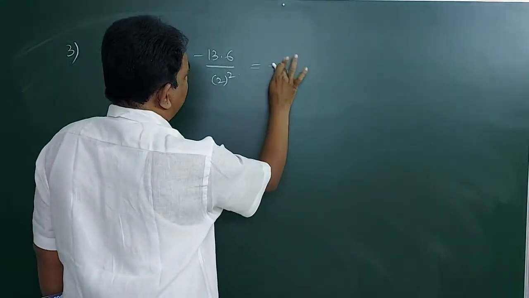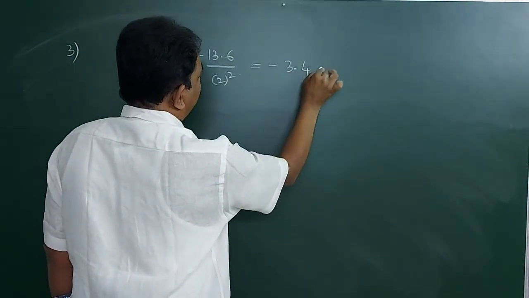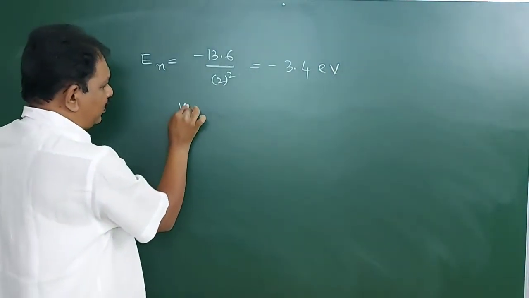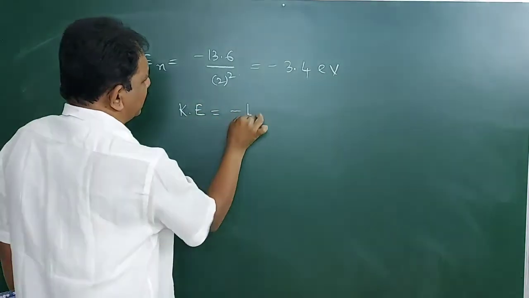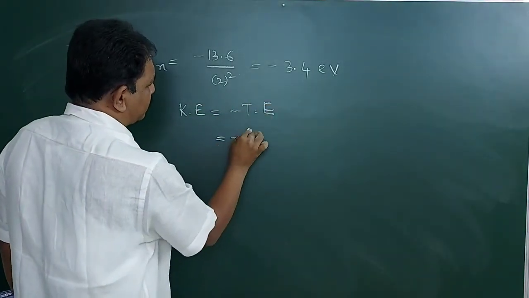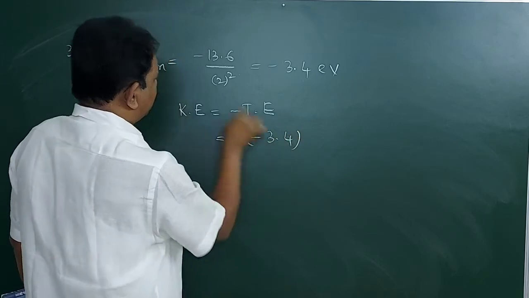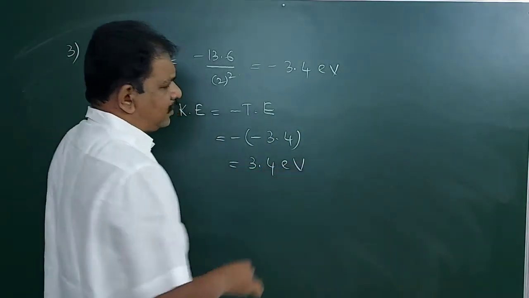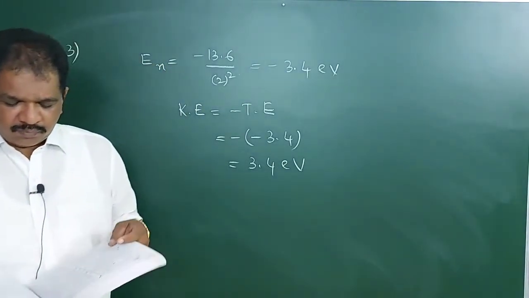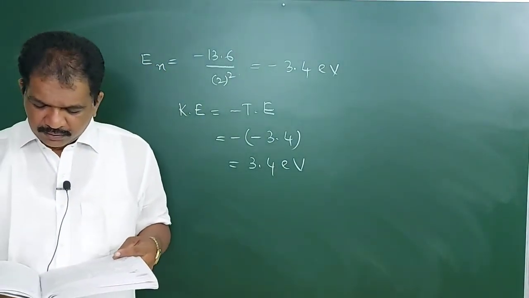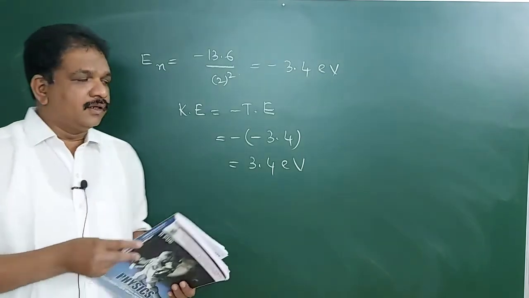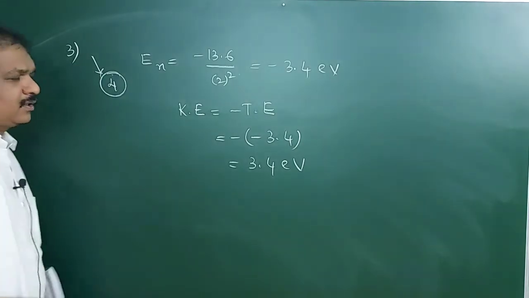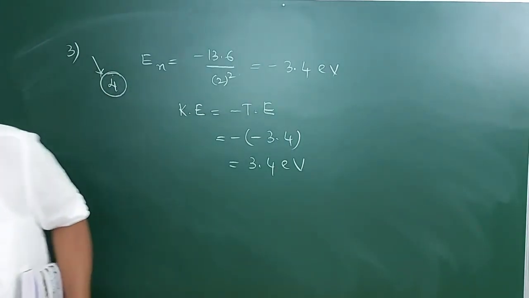This is minus 3.4 electron volt. Kinetic energy they are asking. We know kinetic energy is equal to minus total energy. Total energy is this only. So it becomes 3.4 electron volt. Okay. So the third question, it will be the fourth option. Clear?